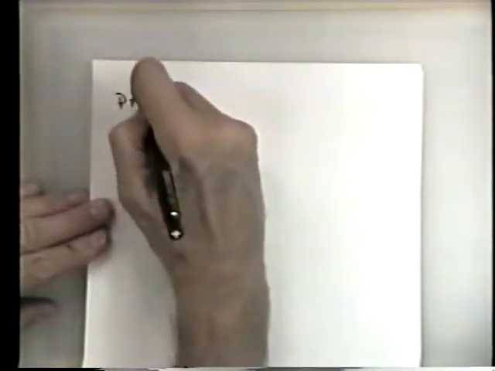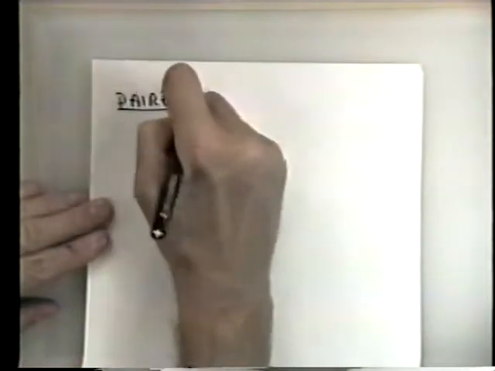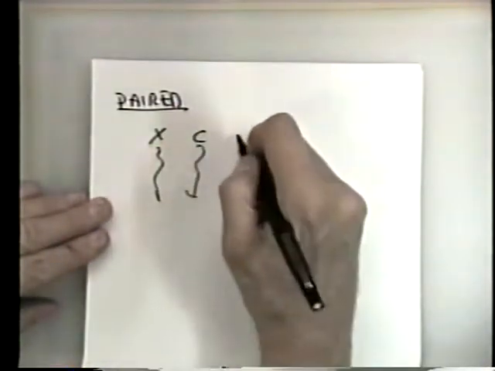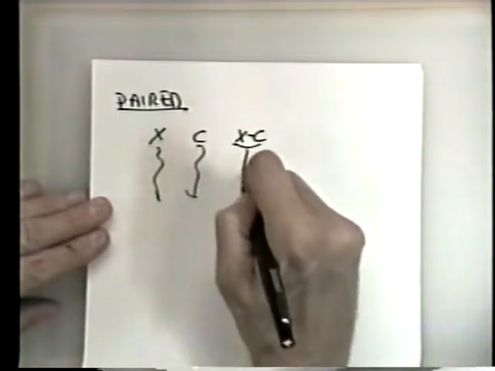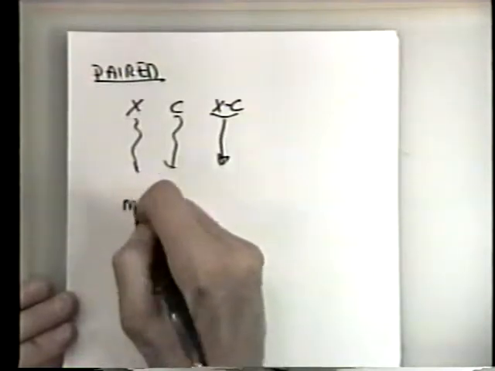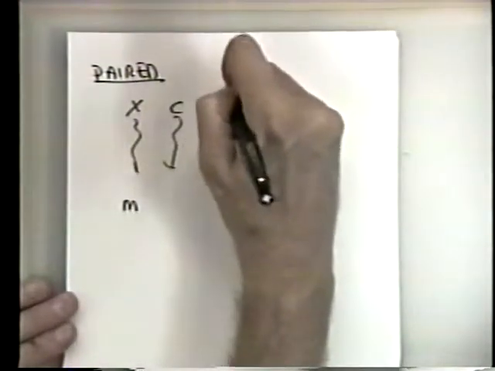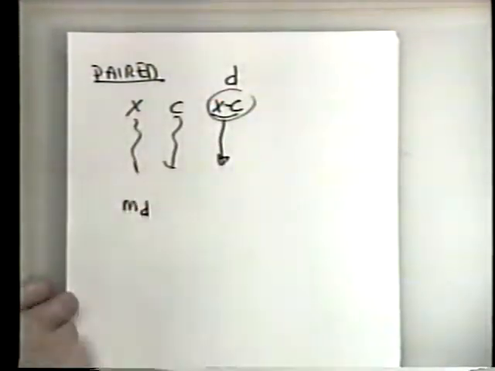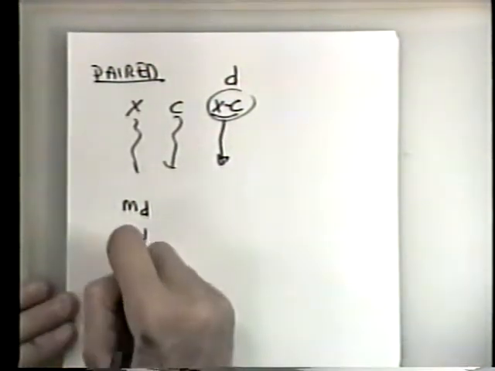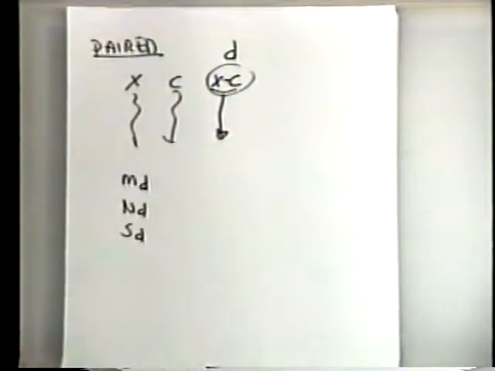We have the control and the experimental where we have data, but what we're really interested in is the differences between the experiment and control. So we have now the mean, which I'll call D. We have the mean of these differences. We have the number of the differences. And we have the standard deviation of these differences.